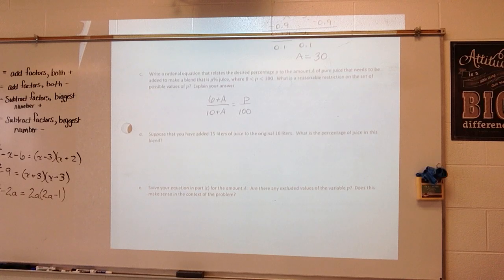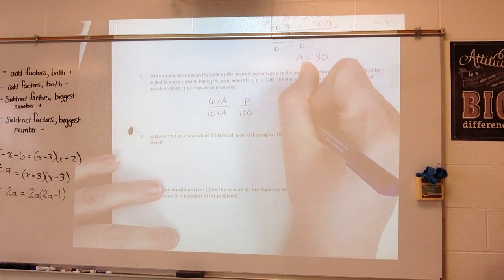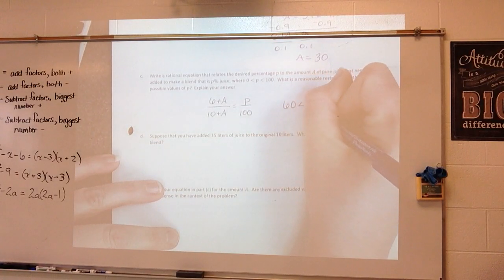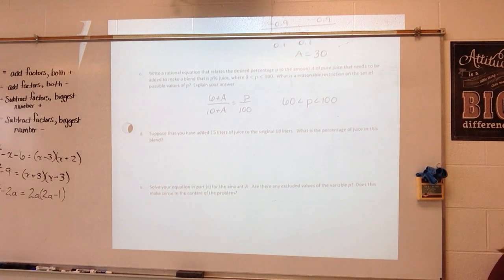Alright? So if we already have 60% juice, the percentage can't decrease by adding more juice. And we're never going to have 100%. So P has to be greater than 60, but less than 100.